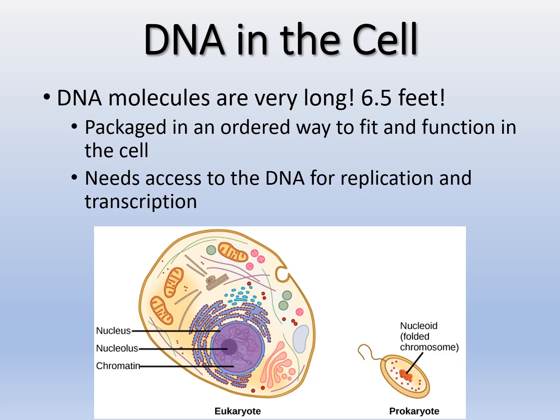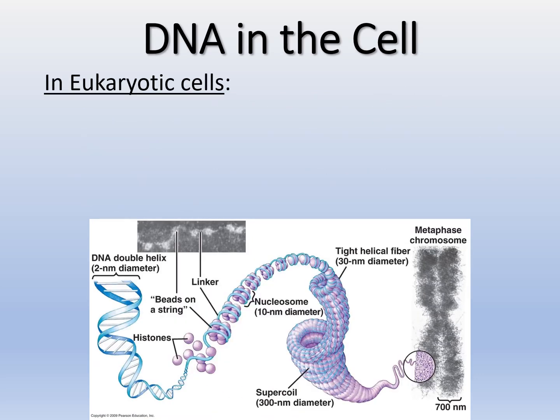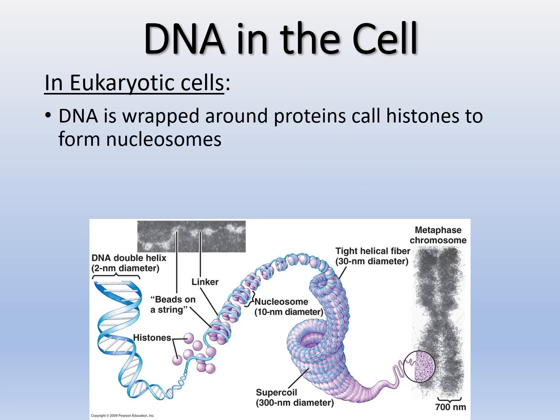We can still read it, we can still replicate it, but it's packaged in a very specific way. We have to have access to this DNA for not only replication, but also transcription and translation. So we have to package it very specifically so that we can still have access to it, but it's going to fit into these microscopic cells when it's 6.5 feet long.